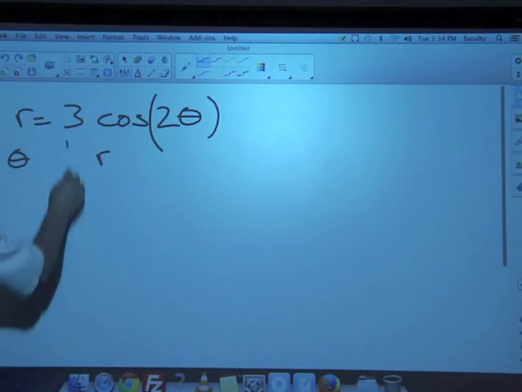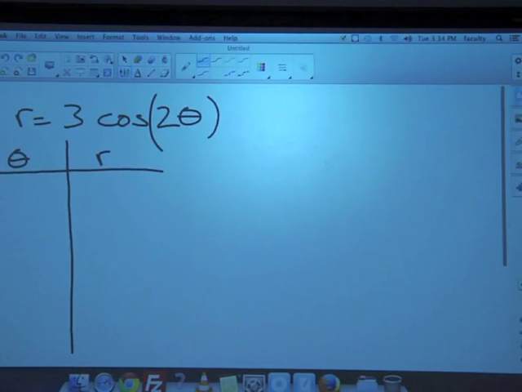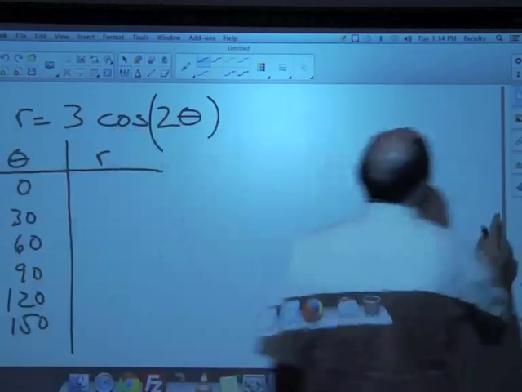So now let's make a chart. The graph paper I gave you does it in increments of 30 degrees, so let's do that. So we got 0, 30, 60, 90, 120, 150, 180 for the first chart.